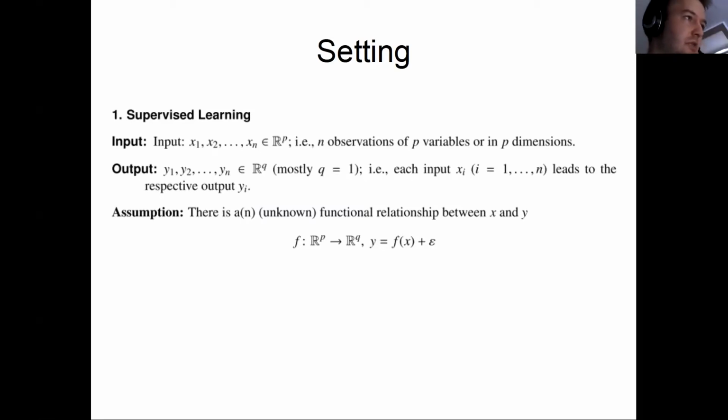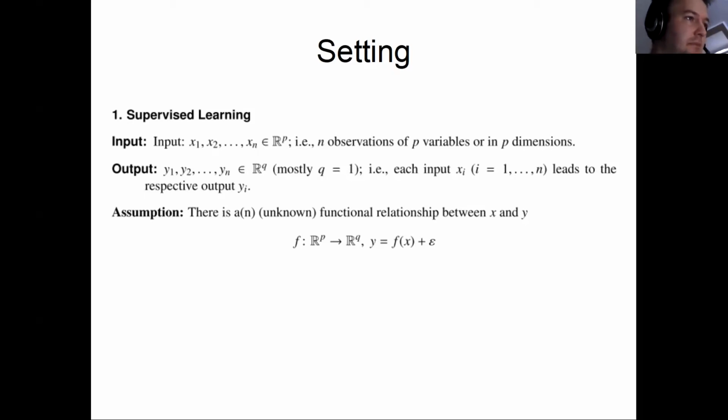What do we have in supervised learning? We have as input some data that lives in the real space: n observations of p variables, or in p dimensions. And as output, we have some y, mostly a single number that also lives in the real numbers.